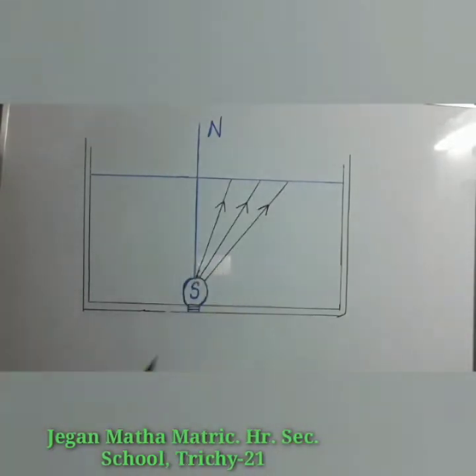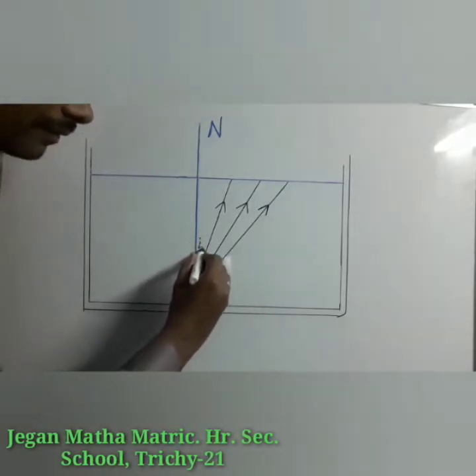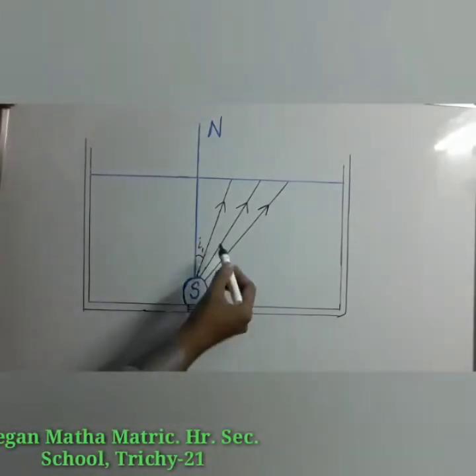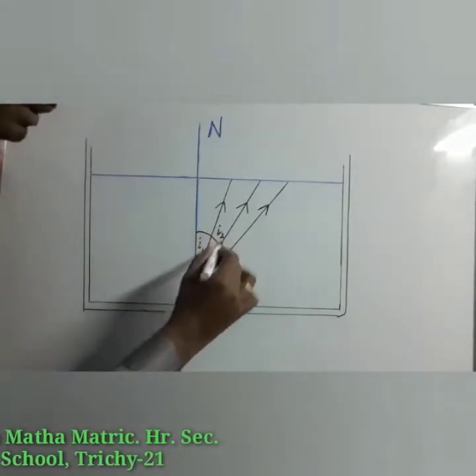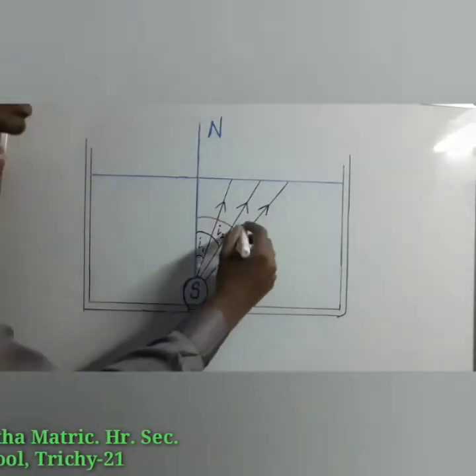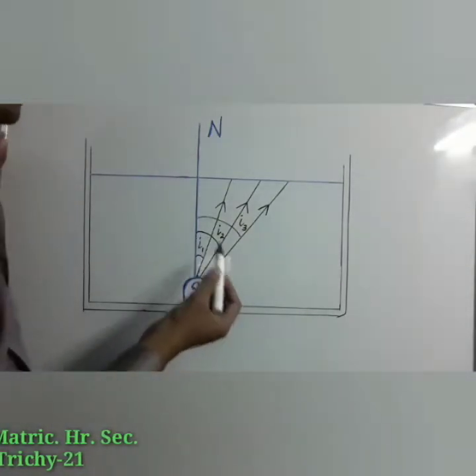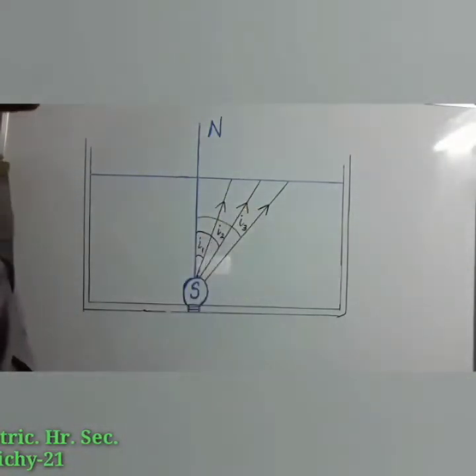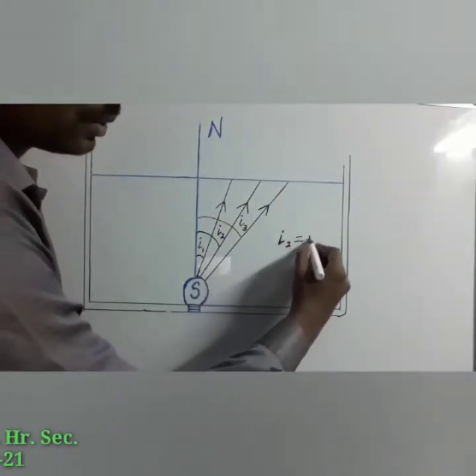Here is the first light ray, which makes an angle I1 with the normal line. The second light ray makes the angle I2 with the normal line. The third light ray makes the angle I3. Here let us consider the angle of incidence made by the second ray, that is I2, is equal to IC.